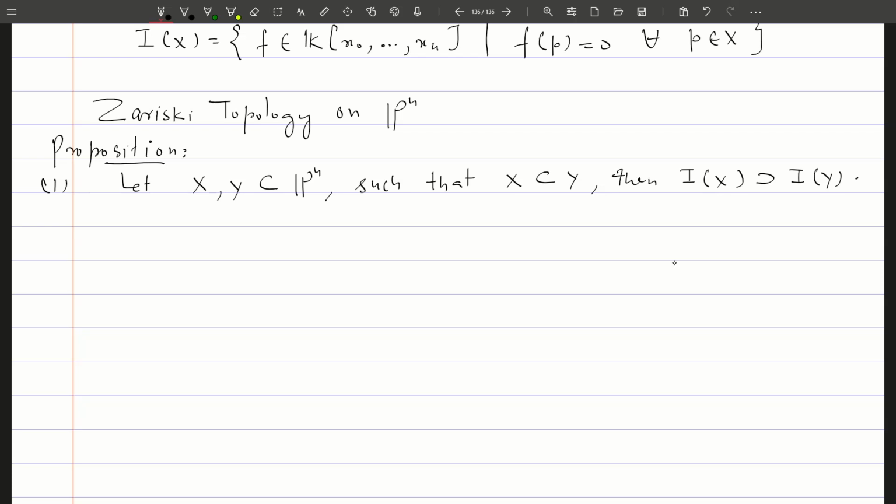So this means when these X and Y are projective algebraic sets, then this function I is actually a decreasing function.